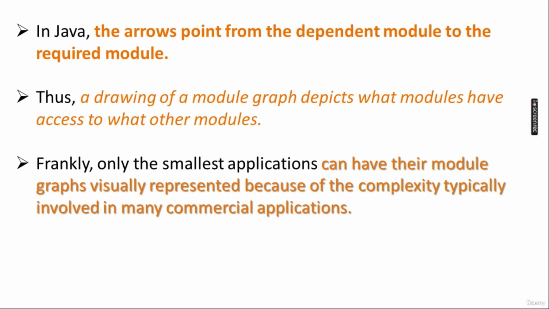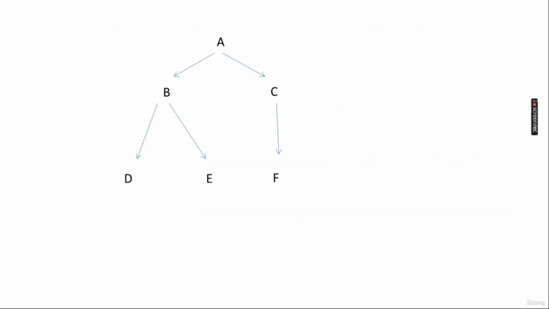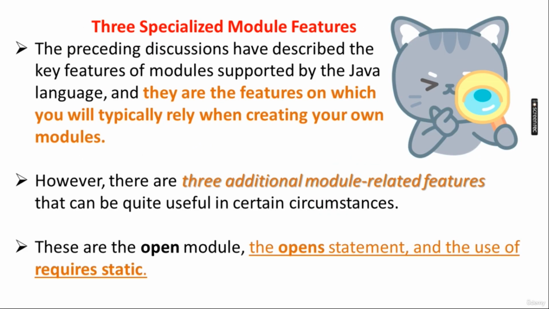Typically only very small applications can be structured in a graphical representation like this. Okay, this is a very simple graphical representation. For more complex programs, it is not possible, because the complexity increases in complex projects.